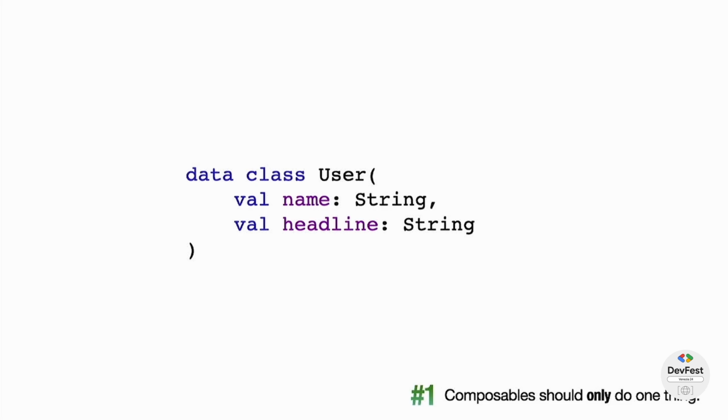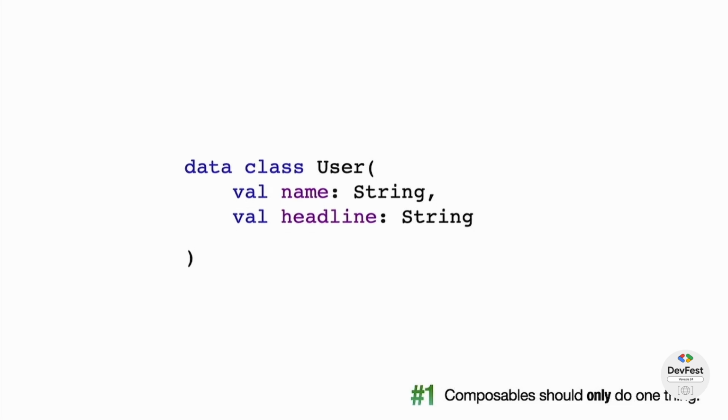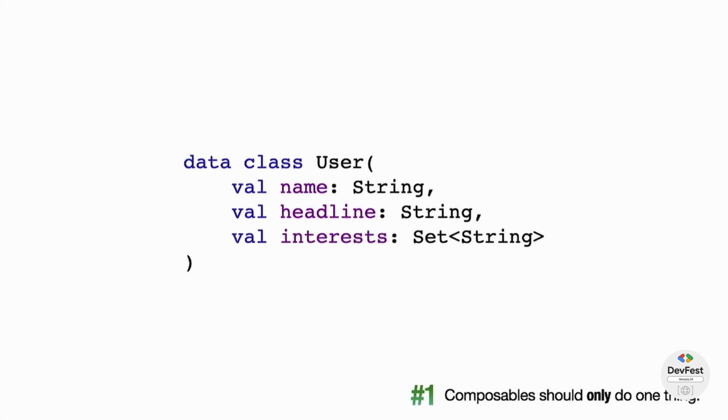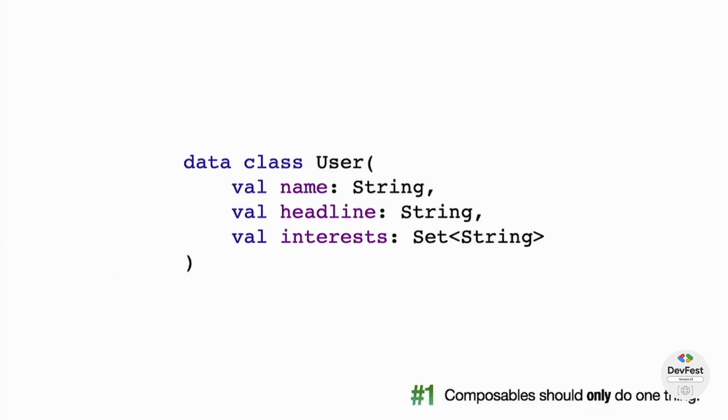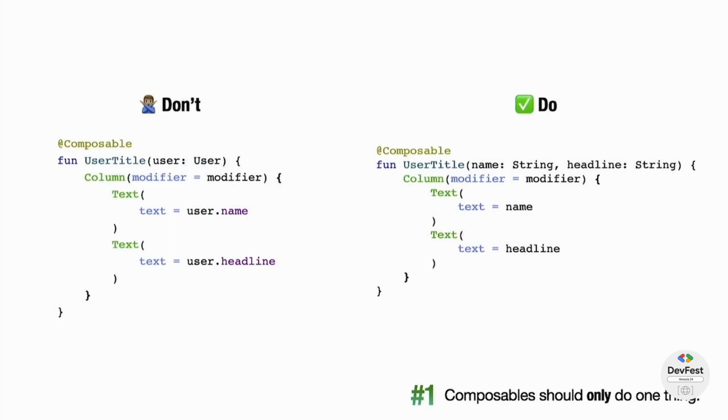So let's go back to a user class, right? Let's go back to the interests. You remember, let me go back a little bit. We added the interests, which is a set of strings, but we are only using the name and headline in the user title composable, right?